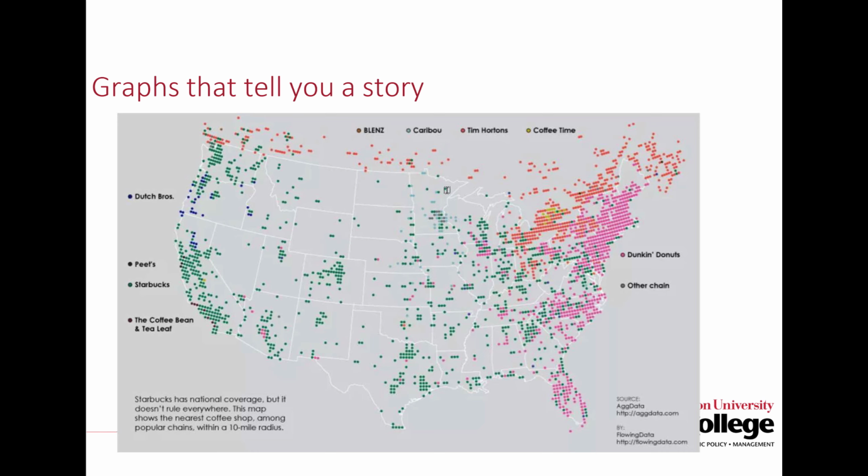And Caribou, these pale blue dots up here, mostly Minnesota, a little bit Wisconsin, Iowa, South Dakota. Again, this is not very quantitative, but it is a very helpful visualization.